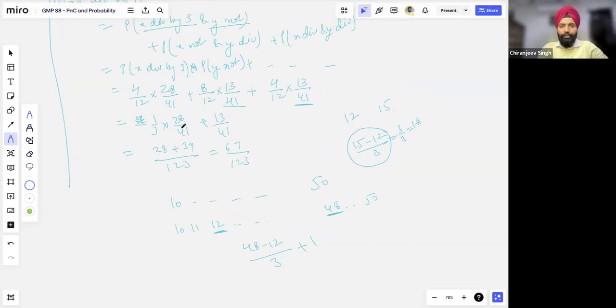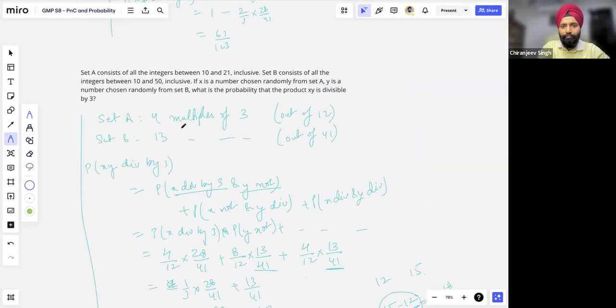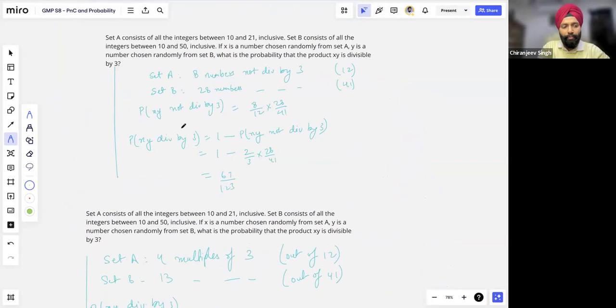Cool. Any other questions, doubts? Okay. So now we'll do a variation of this. That was the reason we started with this question, because I'm going to cover a couple of variations of this question that will clarify some other concepts of probability.